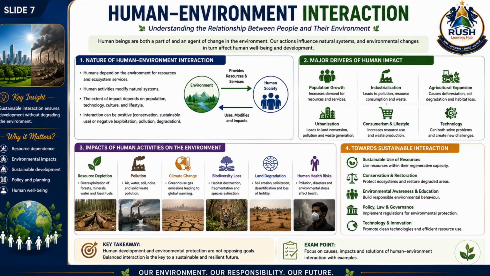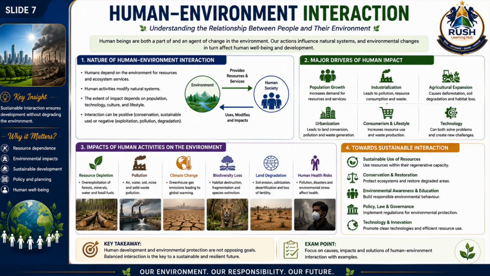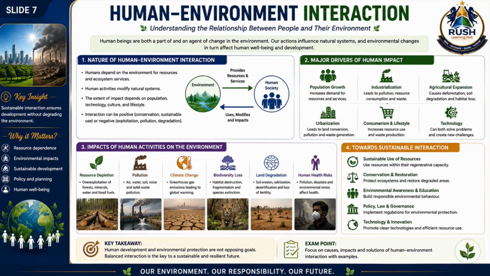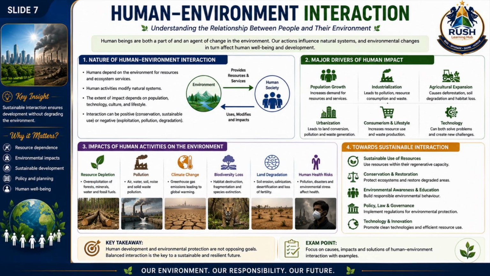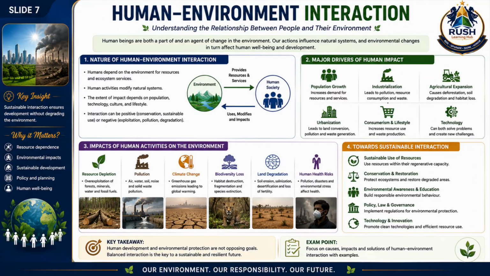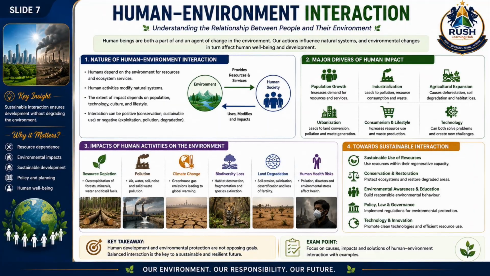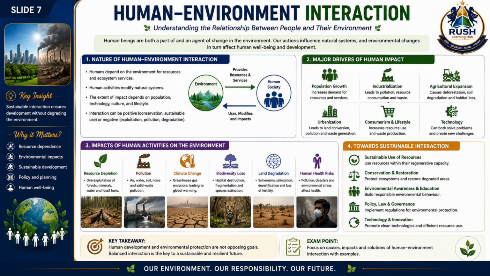Now let us discuss the major drivers of human impact on the environment. The first driver is population growth. As population increases, demand for food, water, energy, housing, and natural resources also increases. This places significant pressure on environmental systems.